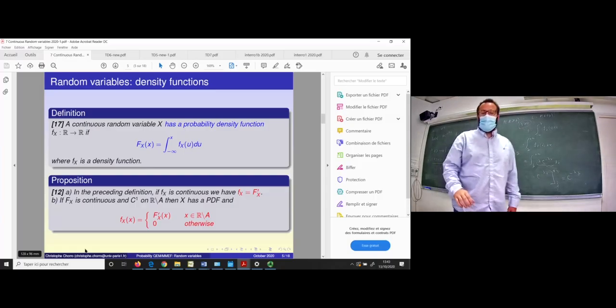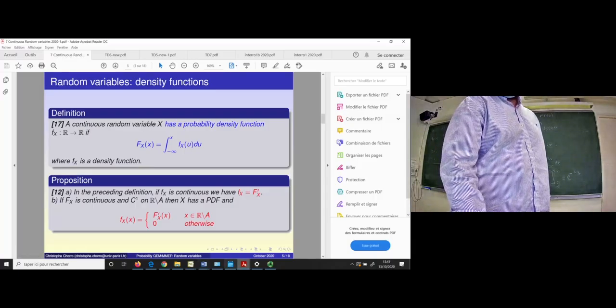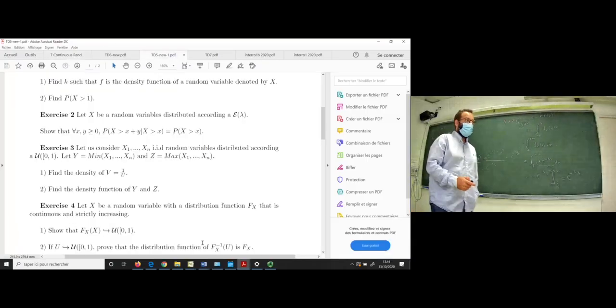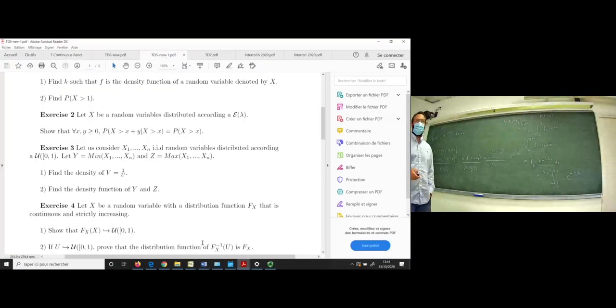If I come back to my statement, yes, there is a little misprint. The fact that this ratio, this conditional probability, obtained to be equal to this red part here, is exponential minus lambda y. That is just the probability that X is strictly greater than y.